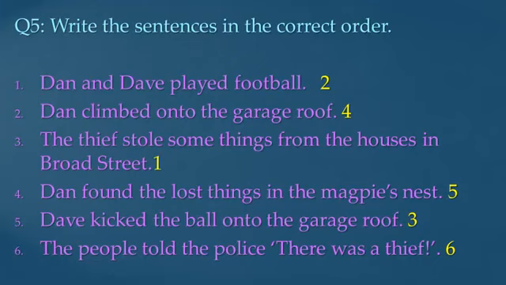And then Dan and Dave played football. While playing, Dave kicked the ball onto the garage roof. Then Dave climbed onto the garage roof. Then he found the lost things in the magpie's nest. And then at the end, the people told the police there was a thief.